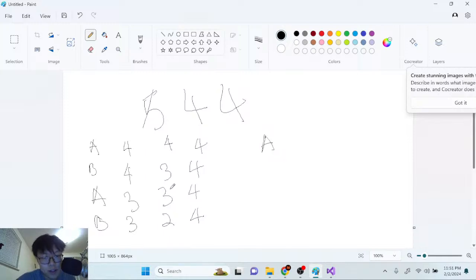Alice's turn, 3 minus 1 becomes 2. I think she should swap with 2, so we get 2, 2, 4. Bob's turn, 2 minus 1 becomes 1. Swap it with 2, so we get 2, 1, 4. Alice's turn, 2 minus 1 becomes 1. Swap it with 1, so we get 1, 1, 4.